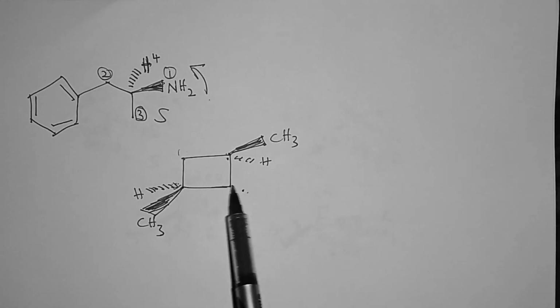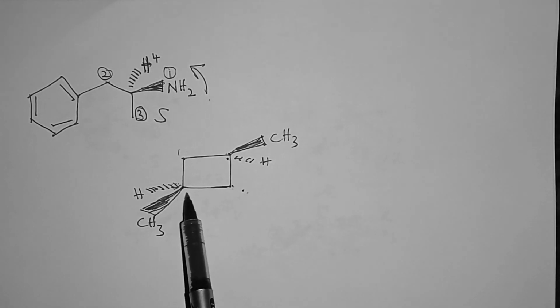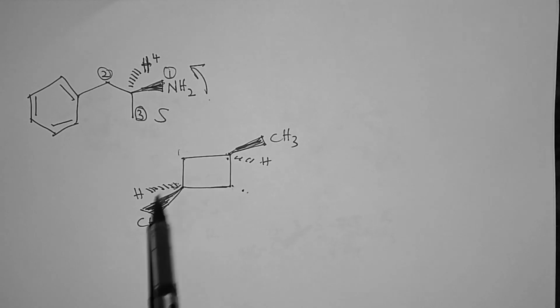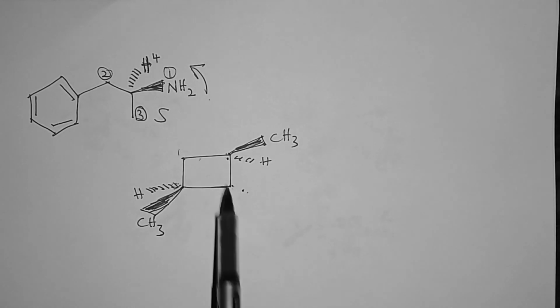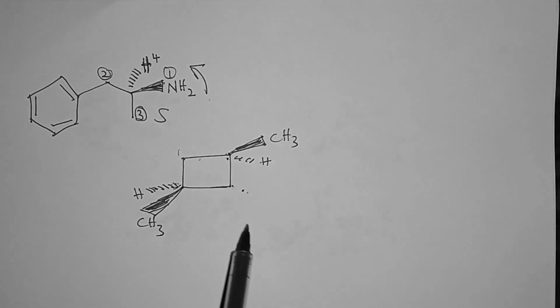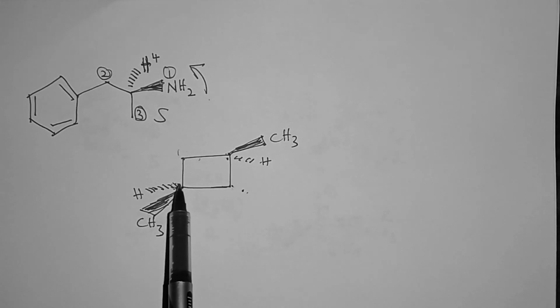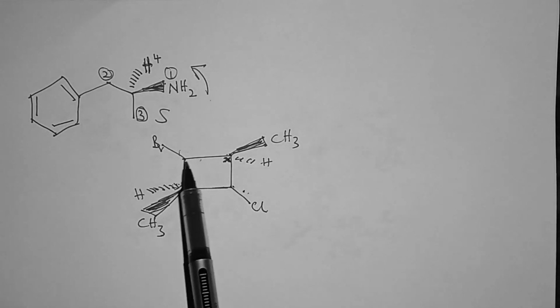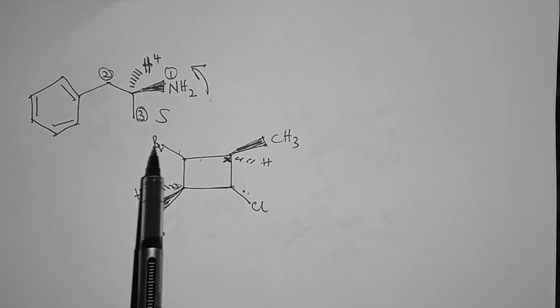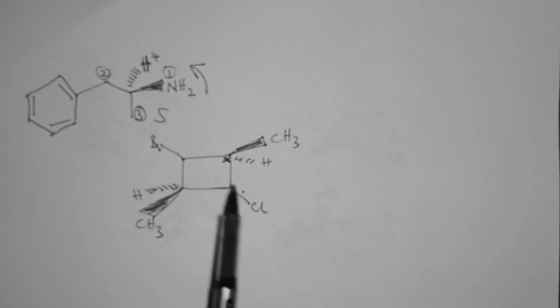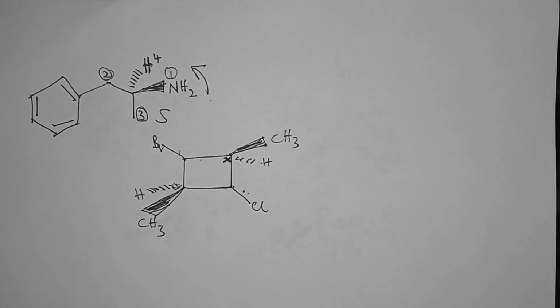You can see that this one too is bonded to an H, a CH2 and a CH2. CH2 and CH2 are the same. And therefore, this is also not a chiral center. Let's assume that we had a bromo group and a chloro group at these two carbons, at these positions.